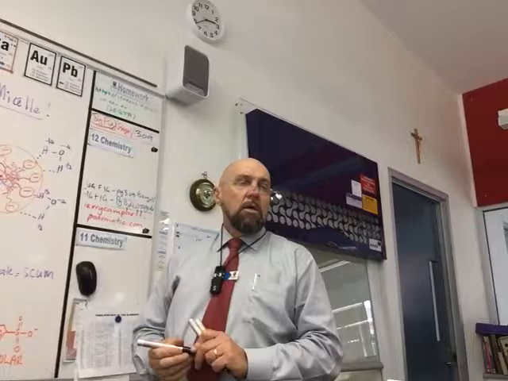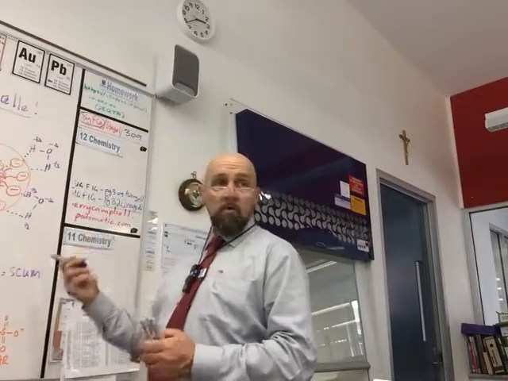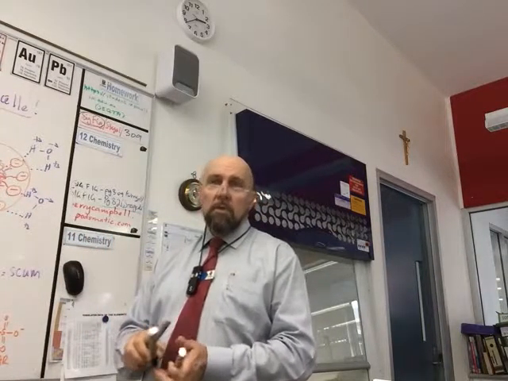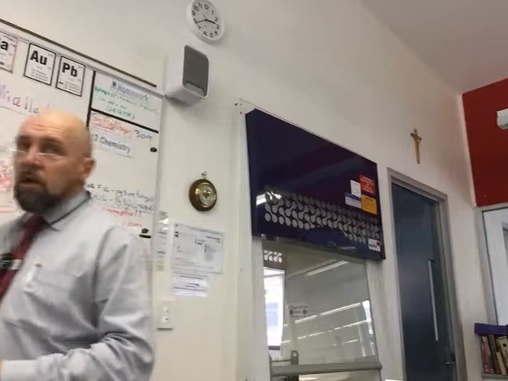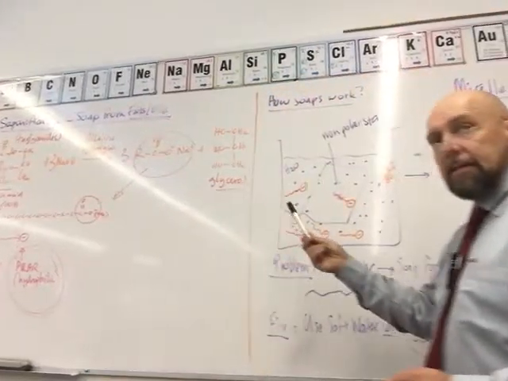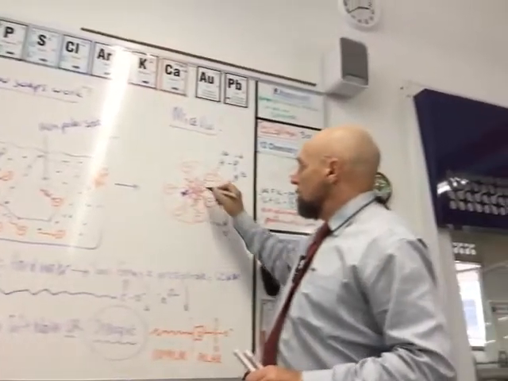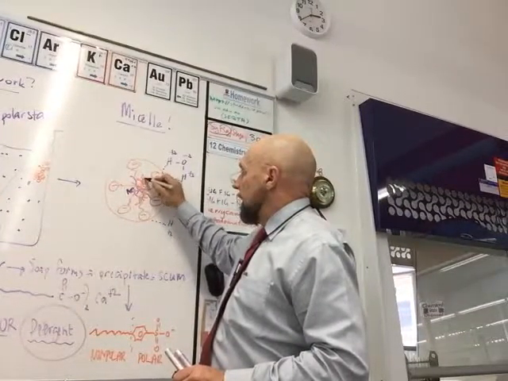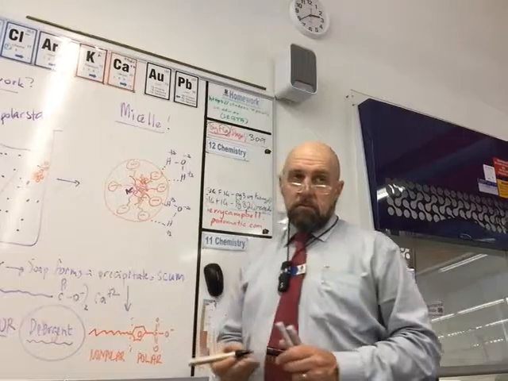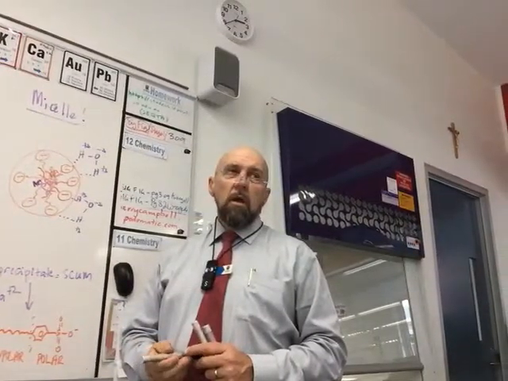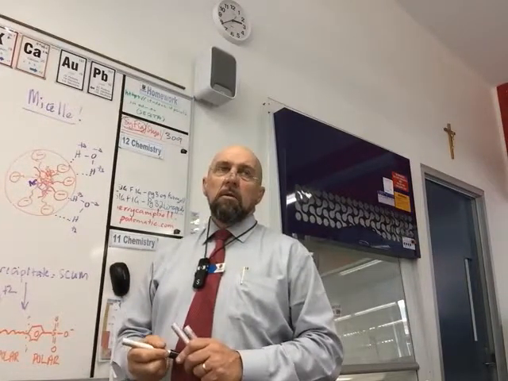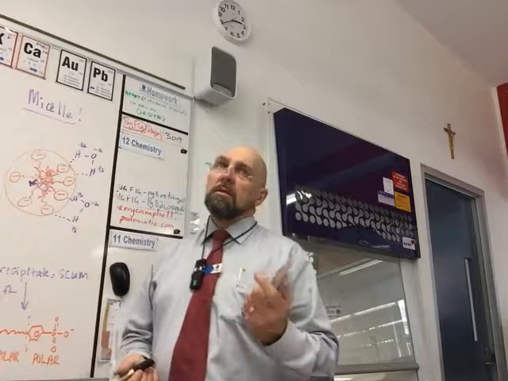The stuff on the inside is non-polar. The non-polar part of the soap or the detergent, the long carbon chain, is attracted to the non-polar part of whatever the stain is. Why? Because, no, like dissolves like is not the answer.